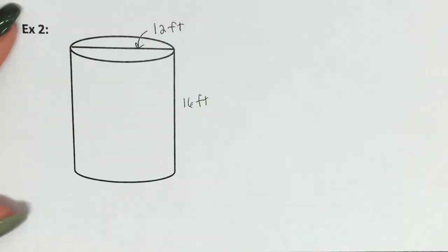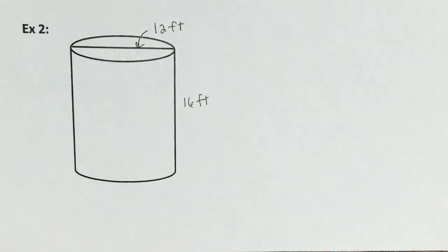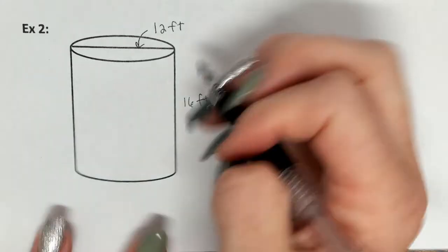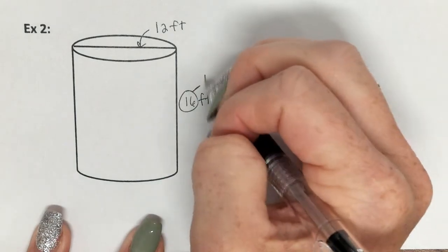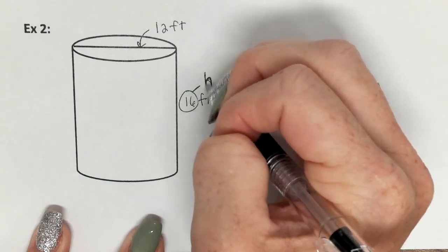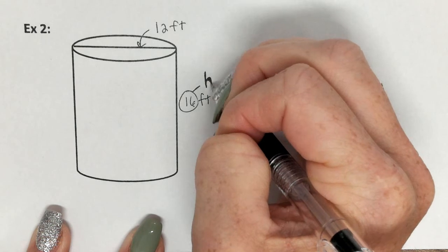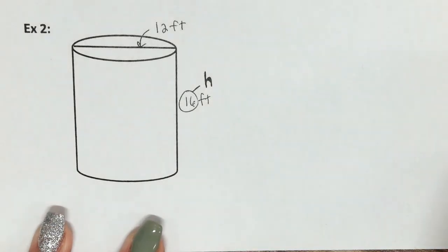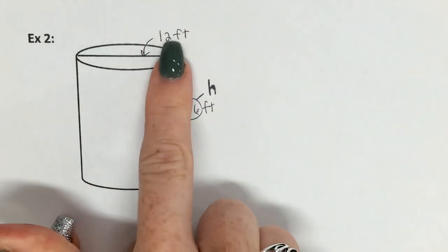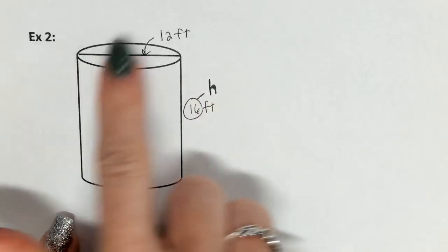All right, example 2. Which one of these numbers is the height? 16. This 12, what is it representing?